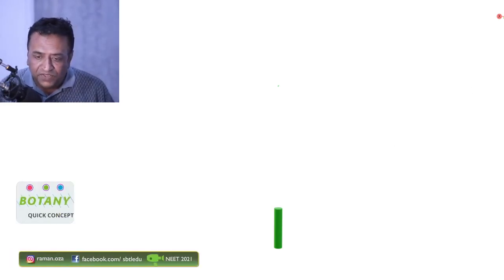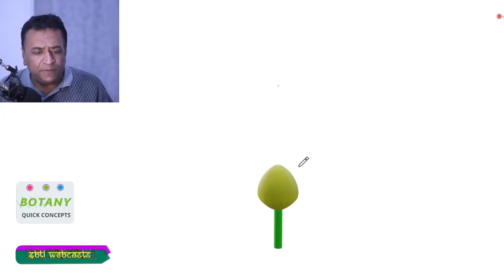Then comes the second part and that is thalamus. Thalamus is that condensed axis on which the floral whorls are arranged. It may have various different shapes, but here for our convenience, I have taken this shape.